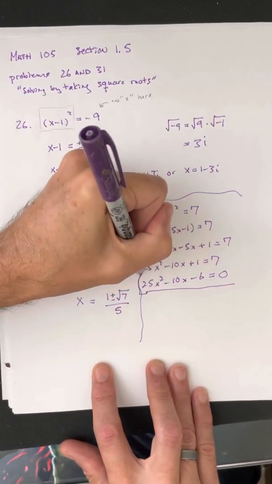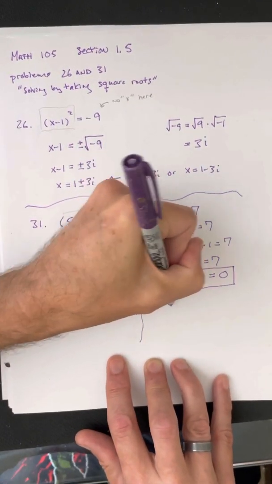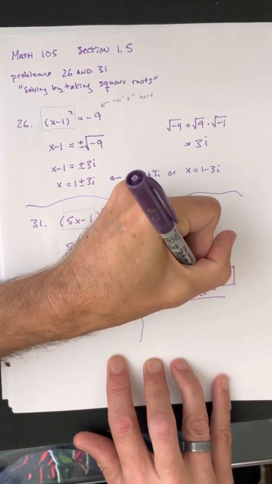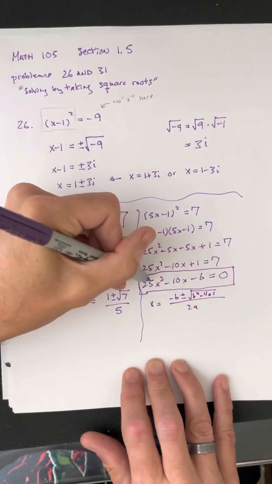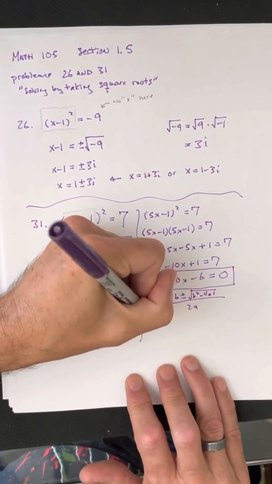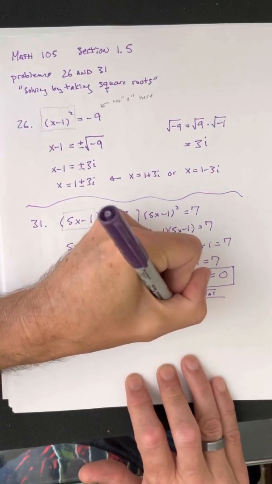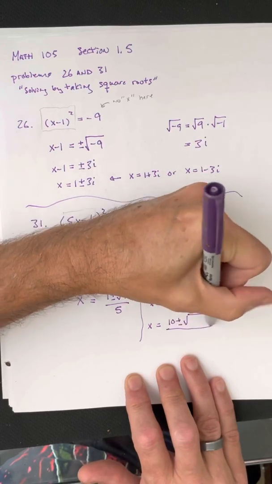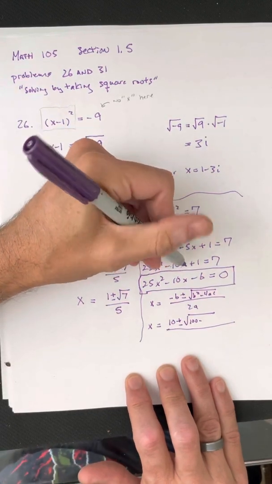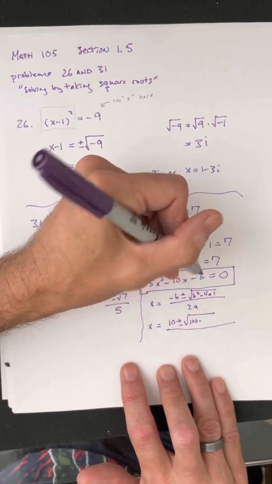So this is what I need for the quadratic formula, which is x equals minus b plus or minus the square root of b squared minus 4ac, all over 2a. So plugging in, a is 25, b is negative 10, c is negative 6. We get x equals, the opposite of negative 10 is plus 10, plus or minus the square root of b squared, negative 10 squared is 100, minus 4 times 25, that's 100, times negative 6, that's negative 600.